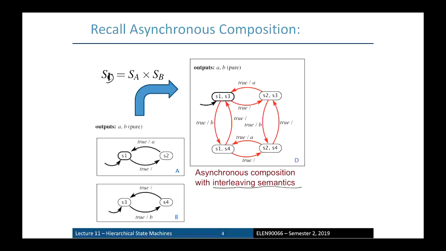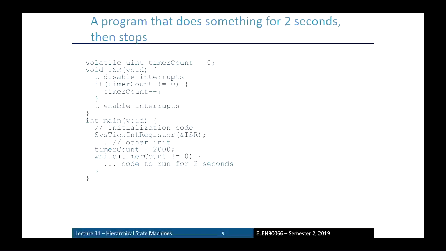It starts getting a bit messy. So typically we choose these interleaving semantics. Okay, so let's motivate a new type of composition by showing that synchronous and asynchronous composition is not the right way of modelling this example.